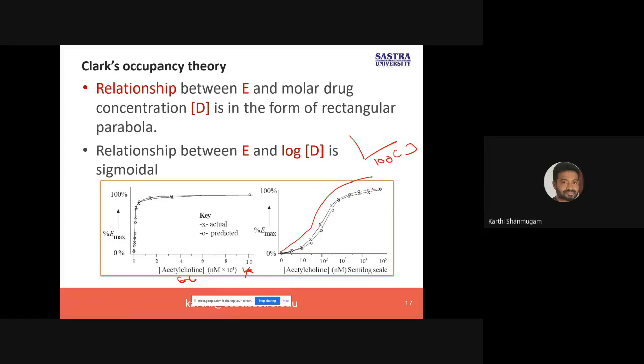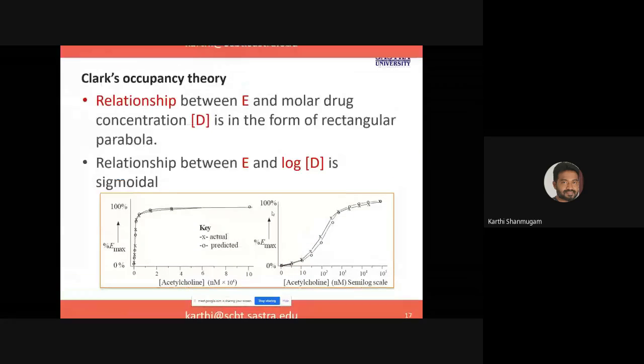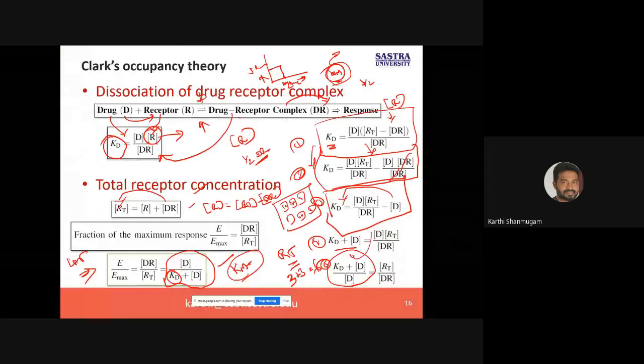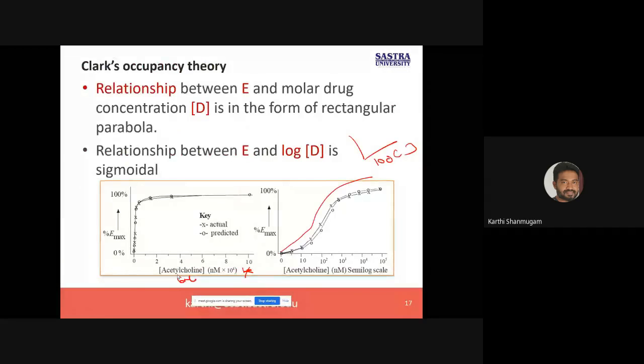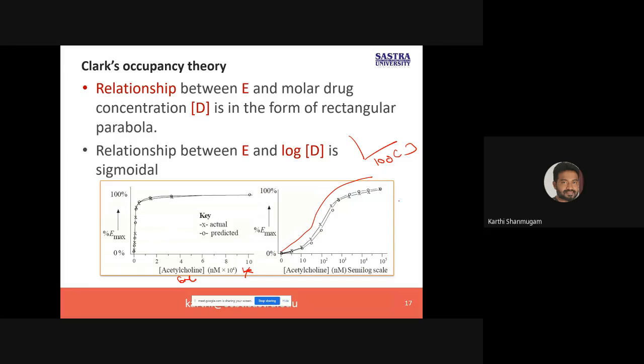Yes, sir. So in this we can easily calculate the Km value. Not Km, Kd is the slope of this, so we can easily calculate Kd from this. Km in the Michaelis-Menten equation is the slope, so if we take the slope here, it tells us the concentration of the drug molecule required to produce 50% of the response.